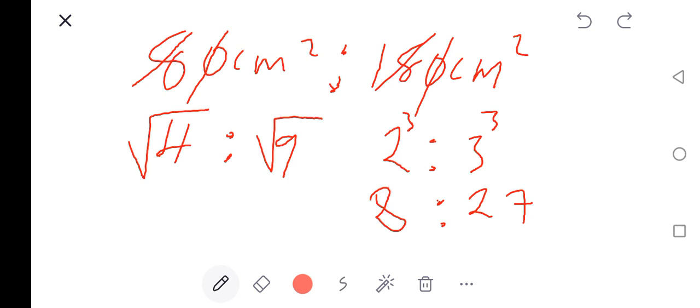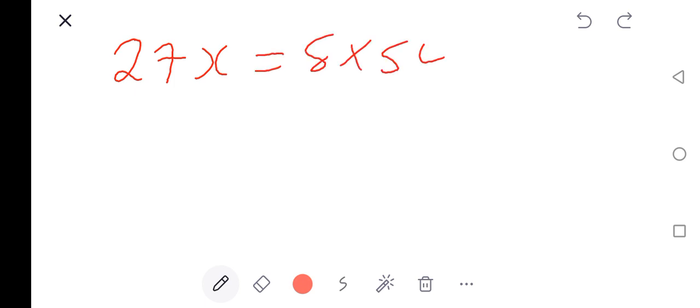The larger container. Okay, meaning it's supposed to be below 27 because that's the larger number. Then here there is x, so we cross multiply. So without a calculator, can someone do 27x equals 8 times 54?